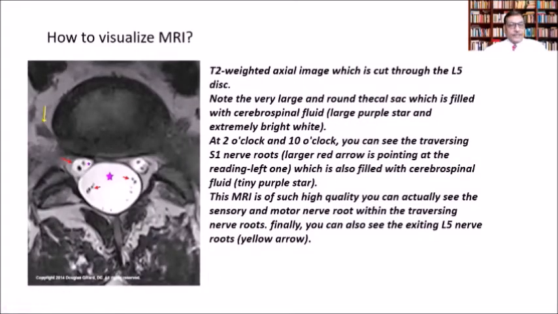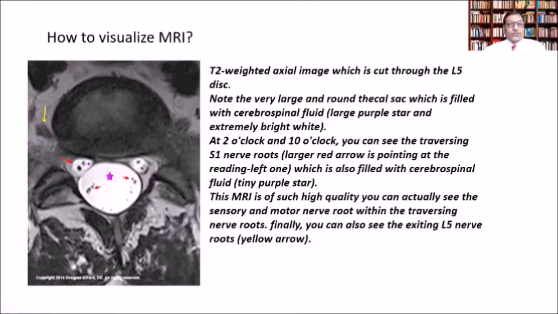How to visualize MRI on the transverse cuts? This is the T2 weighted axial image, and the cut is made from the L5 disc. This is the disc. And then we can see the thecal sac. It is filled with the cerebrospinal fluid that is whitish.